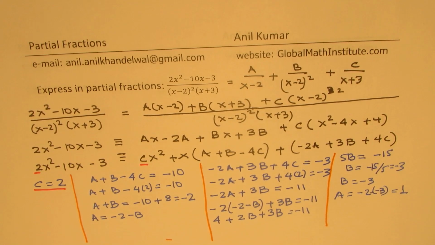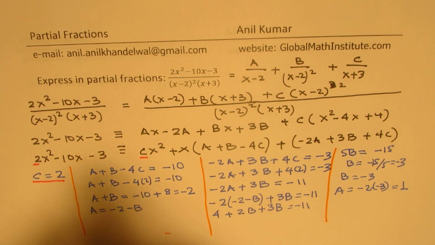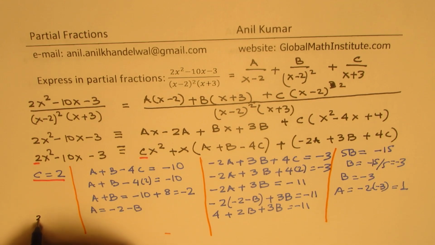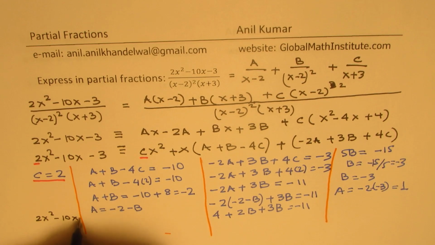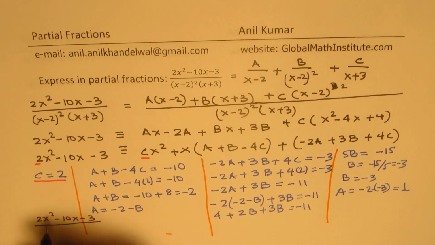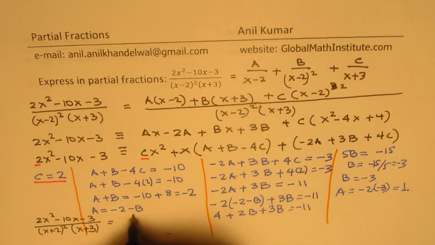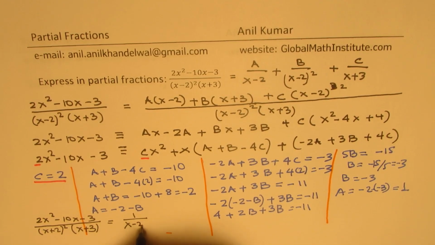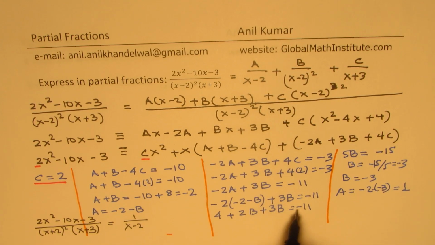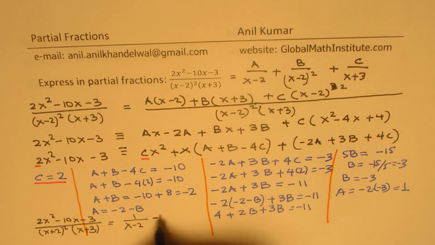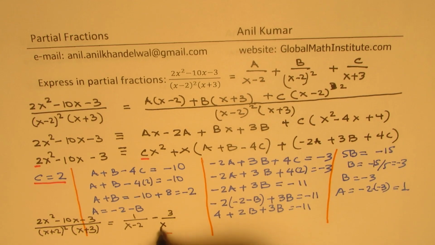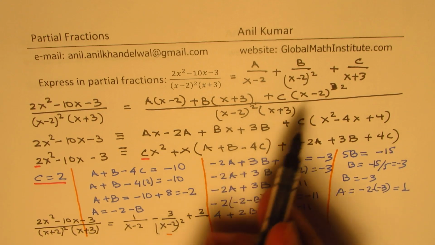And therefore, we can write down that in our case, the rational expression 2x squared minus 10x minus 3 over x plus 2 whole square times x plus 3 is indeed equal to, a is 1 for us, so we have 1 over x minus 2, b is minus 3, so we get minus 3 over x minus 2 whole square, c is 2 for us, so plus 2 over x plus 3.